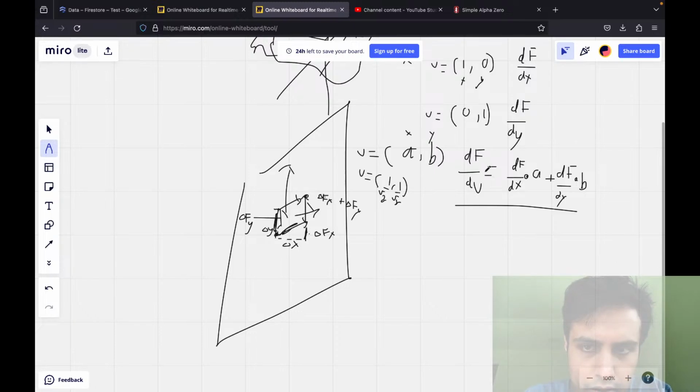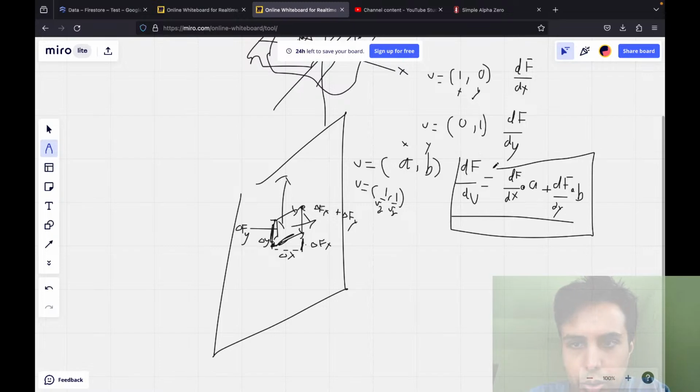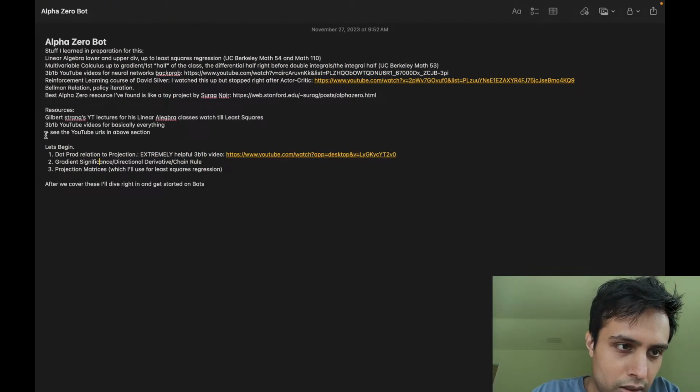And then the idea is that when we limit it, when we zoom in a lot, then this thing holds, and this will be the directional derivative, which we can also express, if you go back to the notes, with the dot product relation to the projection.